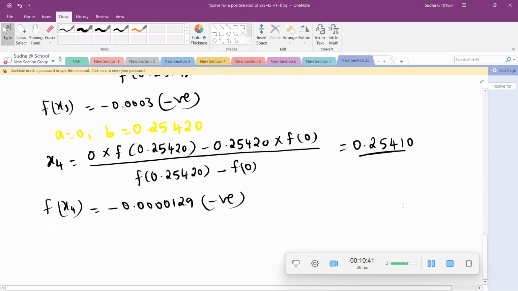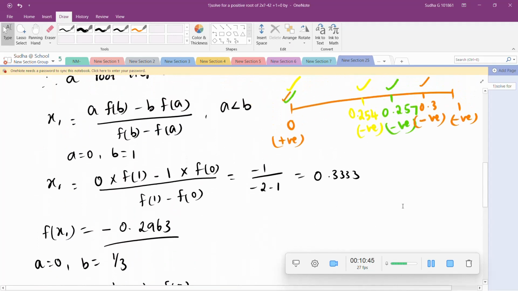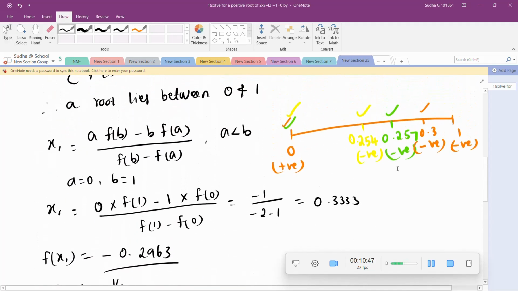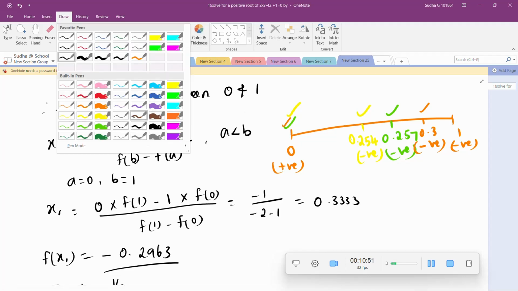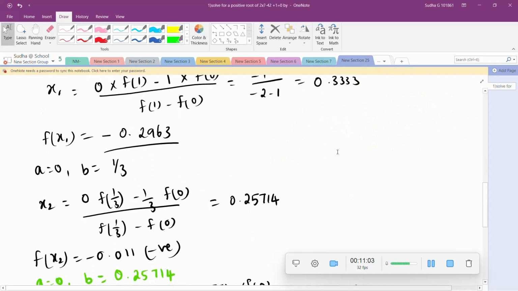So now x4 value 0.25441. So x value 0.2541. This is again negative. So therefore your root lies between again 0 and 0.2541.